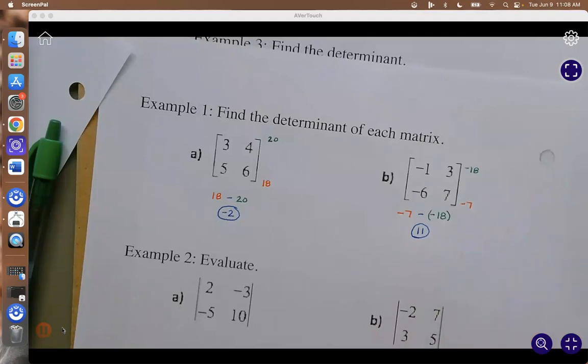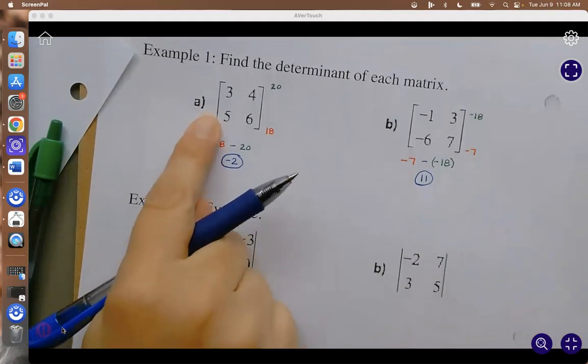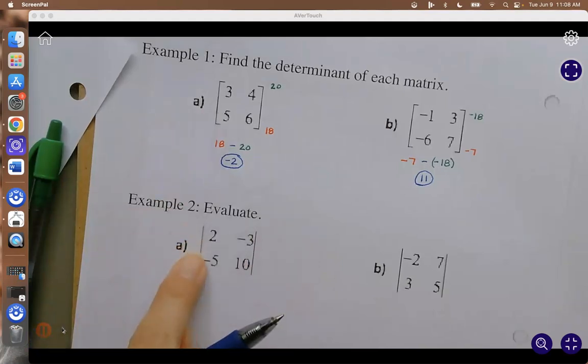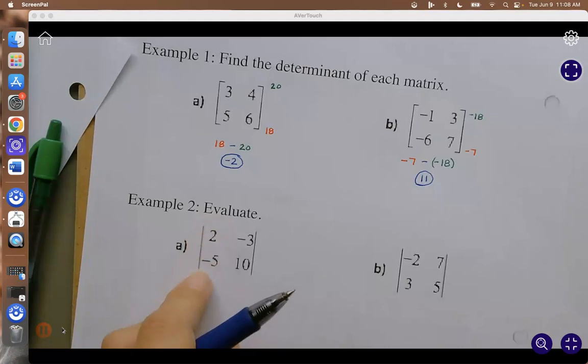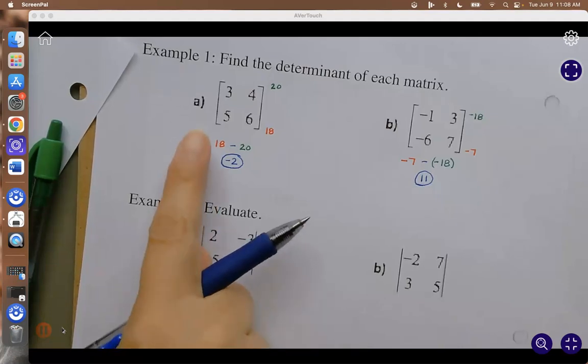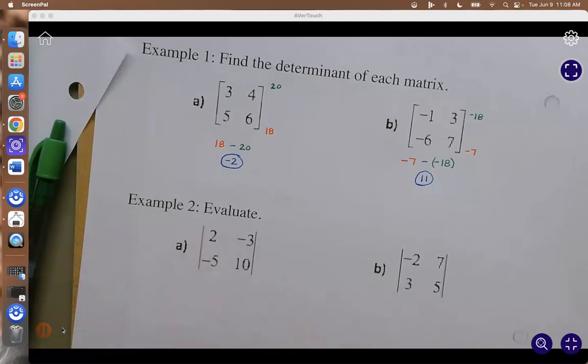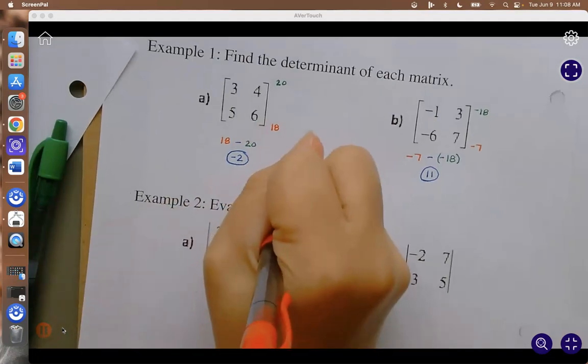Okay? Now, notice the difference between here and here in the directions. It just says evaluate. Notice that the brackets are gone and they're just straight brackets. So let me make a note here.